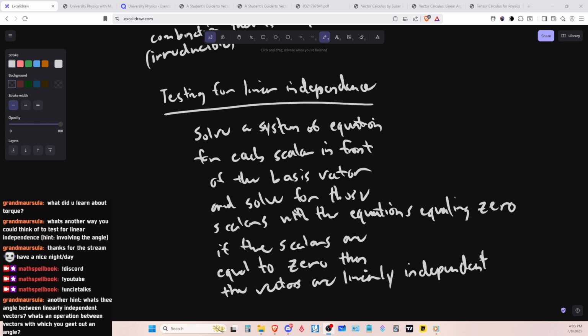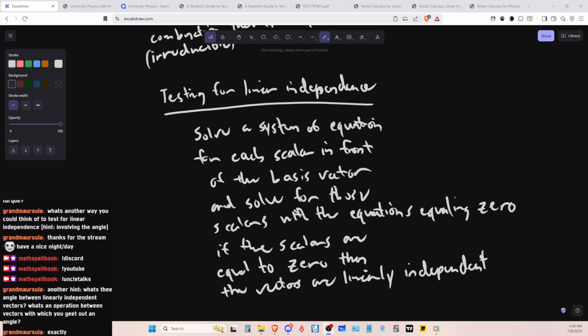Because I always remember the basic ones, like i, j, and k, they're all 90 degrees. I'm trying to think about all the basis vectors that are out there.